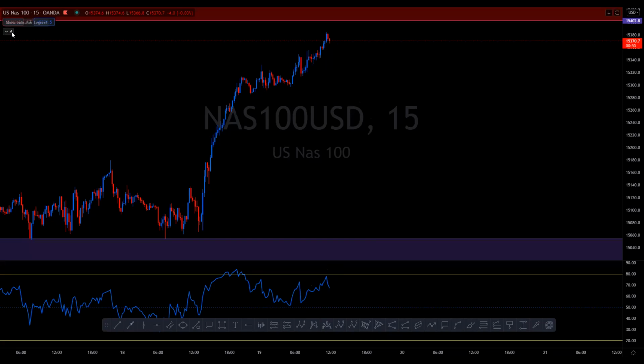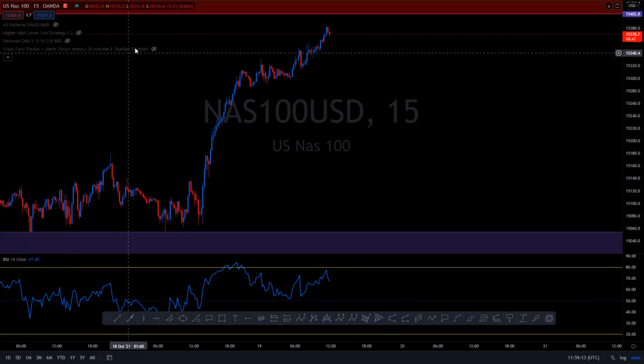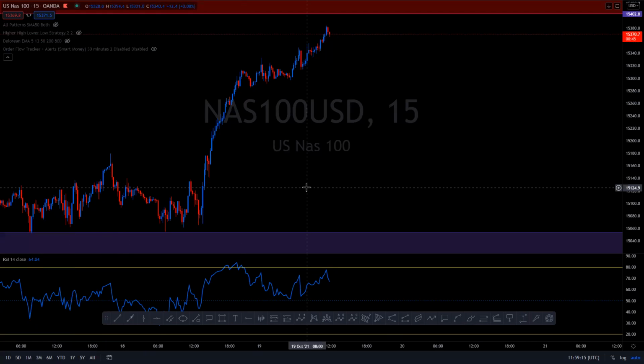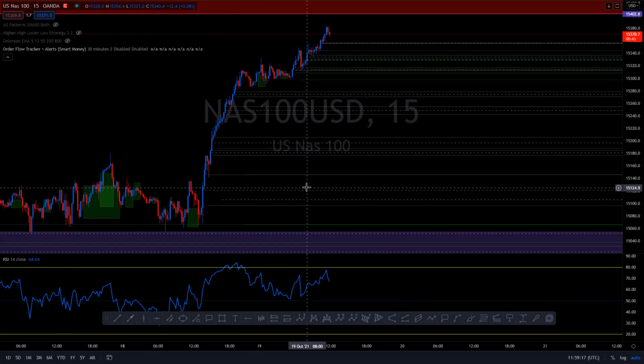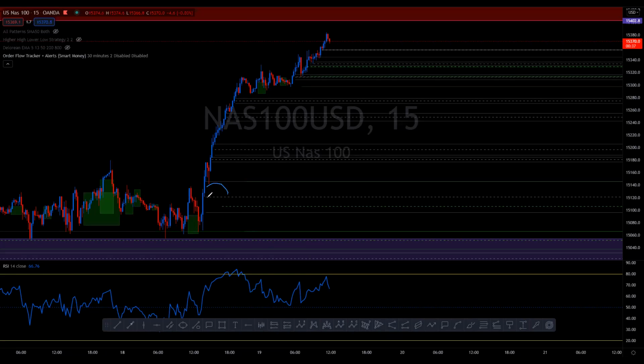So I'm going to turn on my order flow tracker indicator. All right. So as we can see from down here, the institutional banks put in a lot of buy orders. We even see the buy order blocks and all that other good stuff.